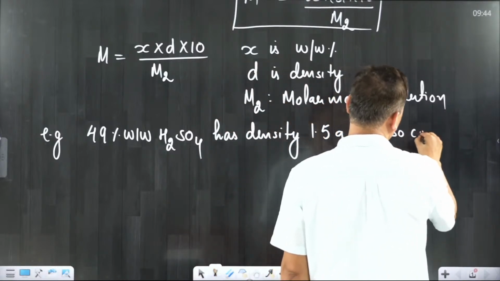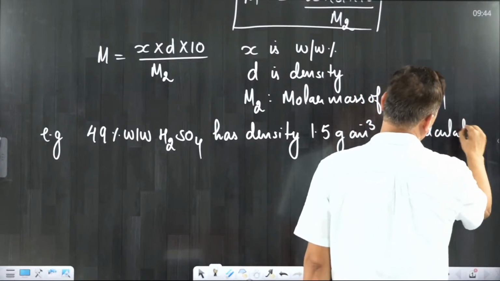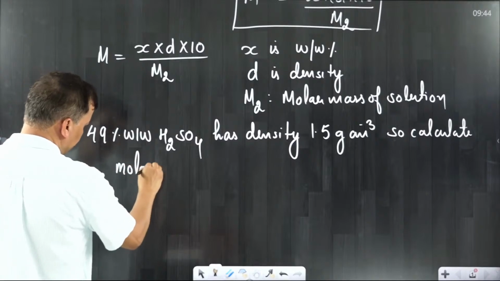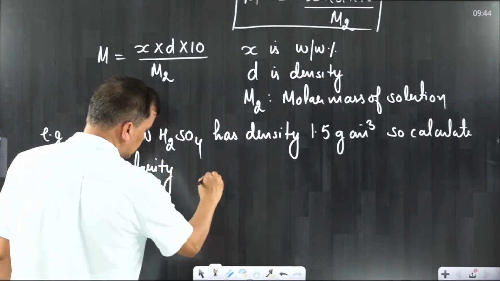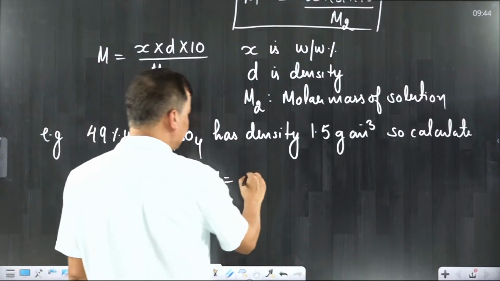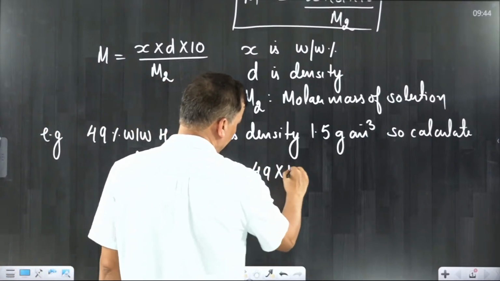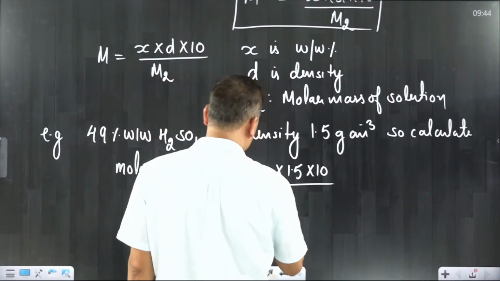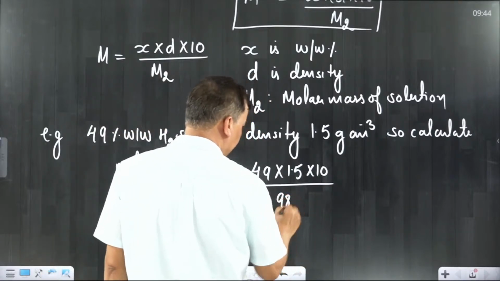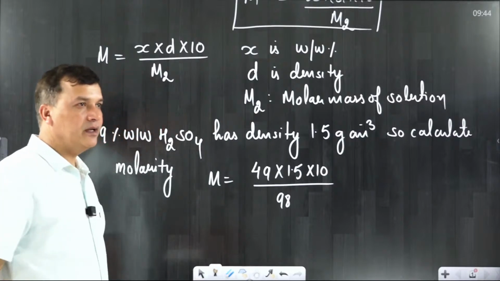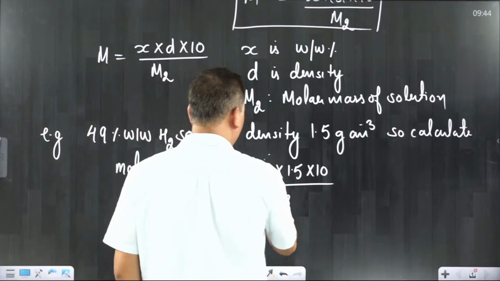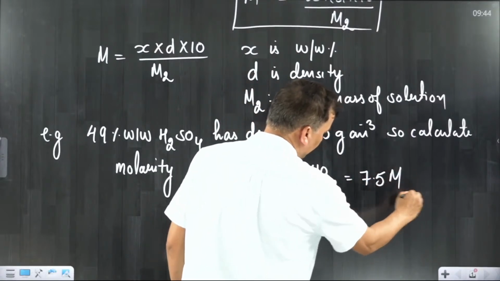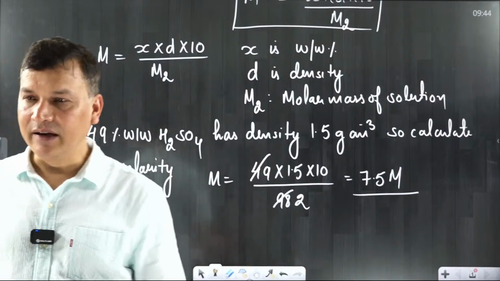So calculate molarity of the solution. Molarity is equal to X, percentage is 49, D 1.5 into 10 upon 98. You got it or not? Please tell me. Only one student is responding. 1 upon 2, 15. That is 7.5 molar. Is that clear or not?